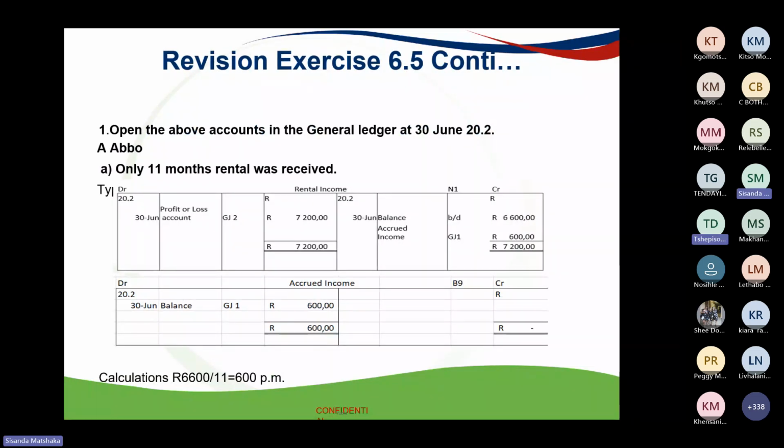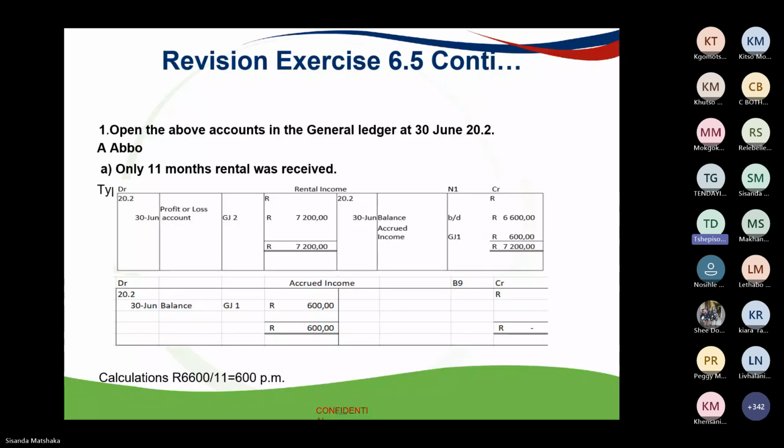Yes, thanks. So if you remember, you opened the account with 6,600, which is the balance brought down. And because the additional information we've been provided says that only 11 months of the rental was received, you would then raise a debit. It's like you're raising a debit for rental income.